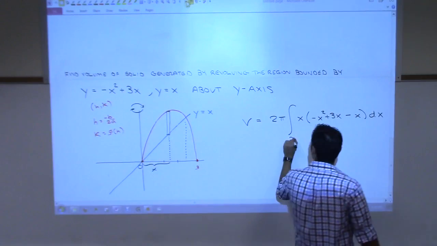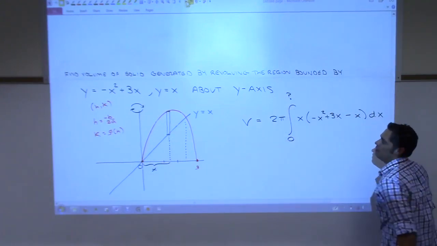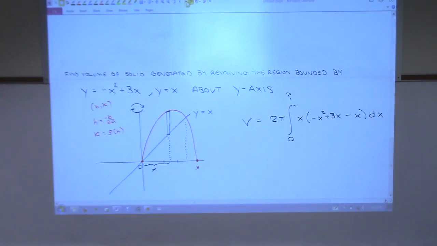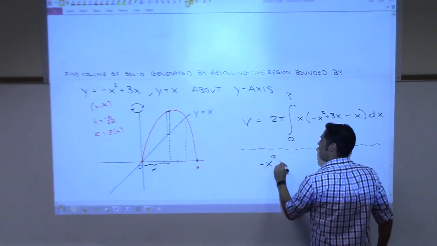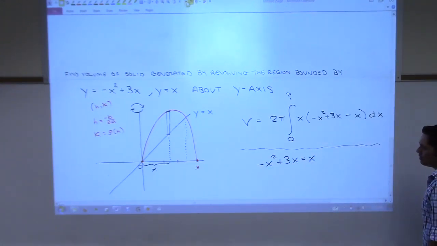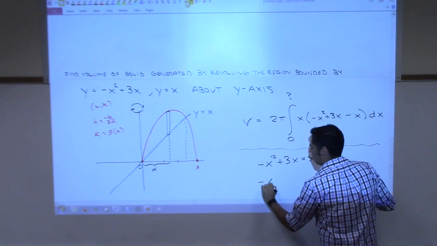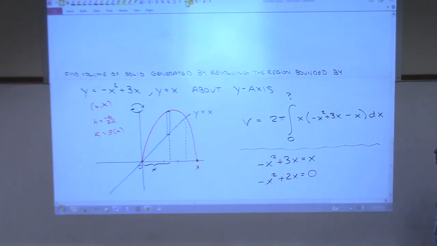Well, I don't know. I have to solve it, don't I? I actually have to go figure that out. And I made this problem up, so there's no guarantee that this is going to be nice. But I'll go for it. All I have to do is set them equal to each other, right? And move things around. Subtract x on both sides. Oh, it's nice.